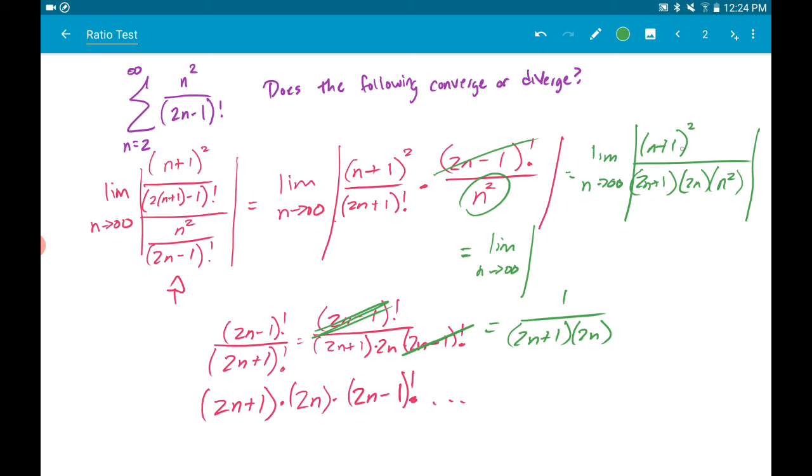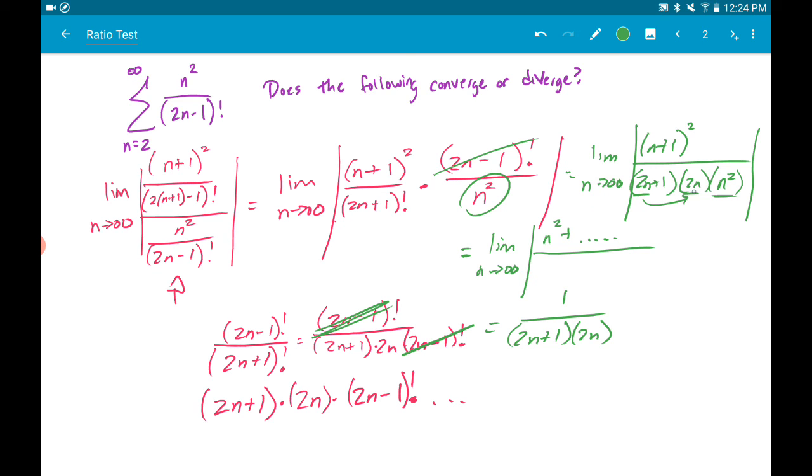All I really care about is the degree on the top. You know, we have n plus 1 squared. I could FOIL it out. I could make a trinomial of that stuff, but the leading degree is going to be n squared plus some other junk. The bottom would be a waste of time to multiply out. You could do it, but if you did it, the leading term would be 2n times 2n times n squared.